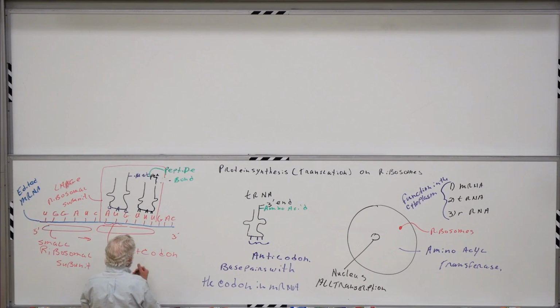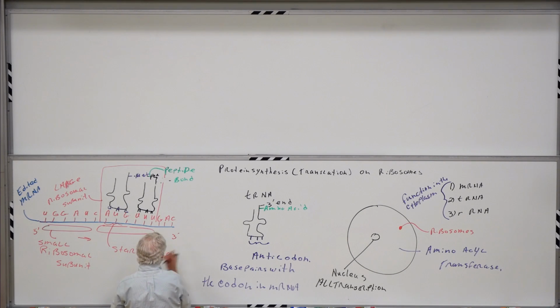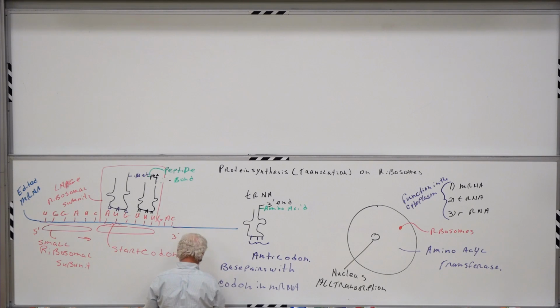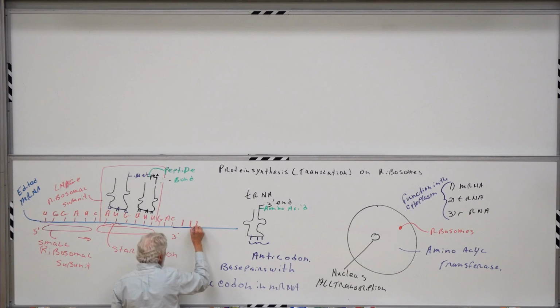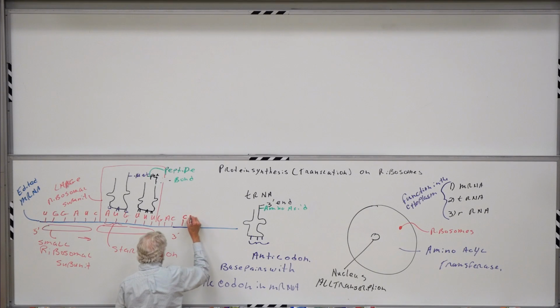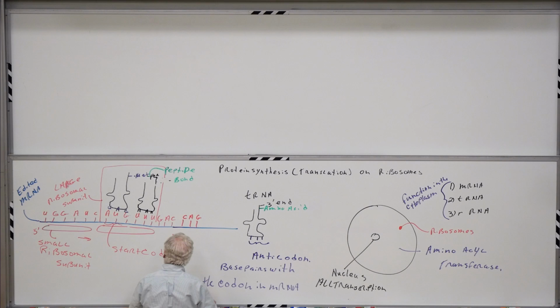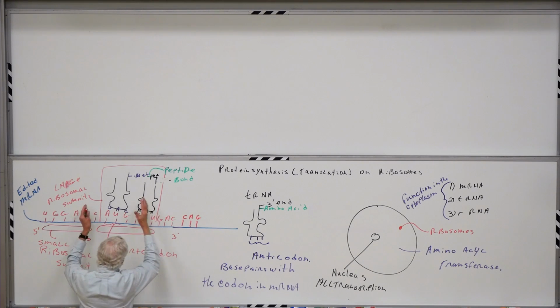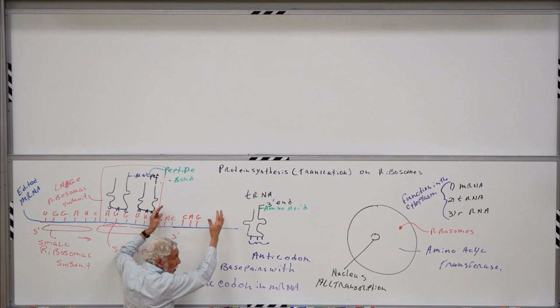this whole machine moves over. Let's put some more RNA in here. Let me just do a CAG, work with me. So now the entire machine moves down 3.